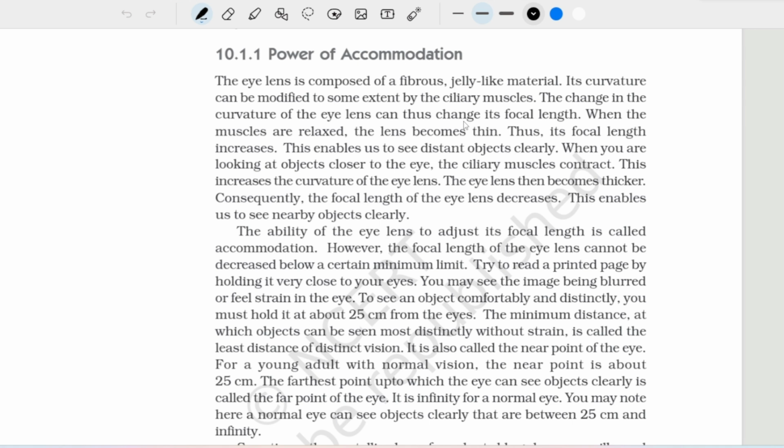So it can be very far or very close. Then in that case my lens has to adjust itself so that the image is formed on my retina. Clear?